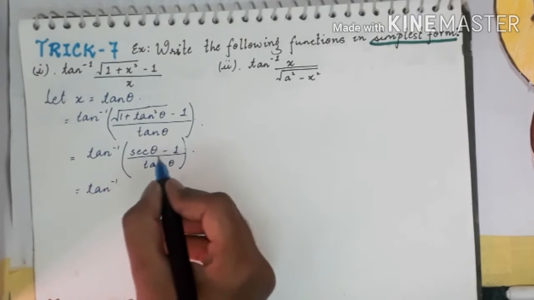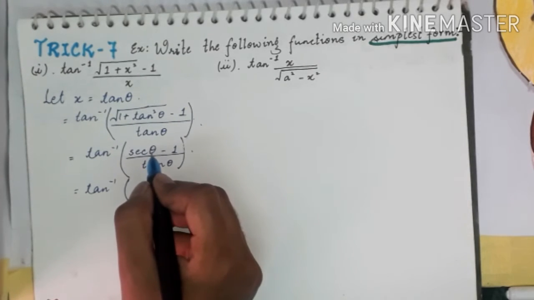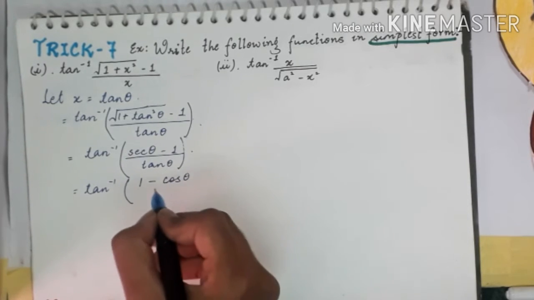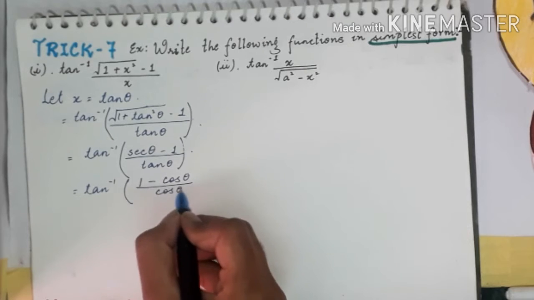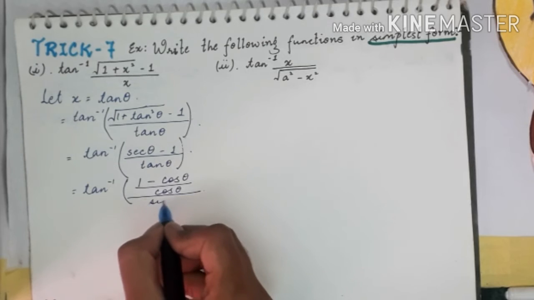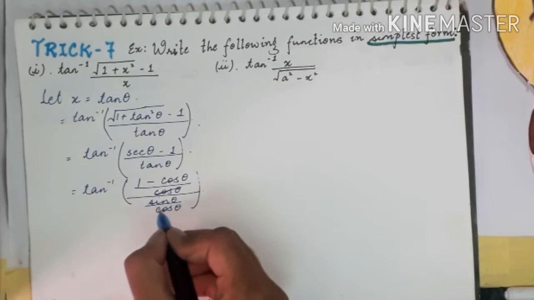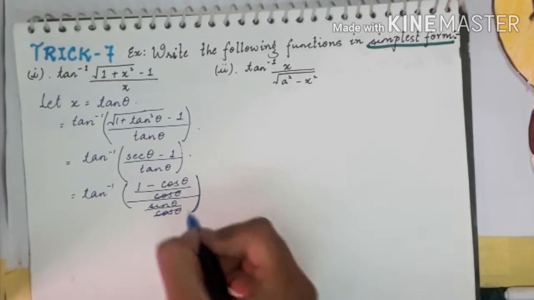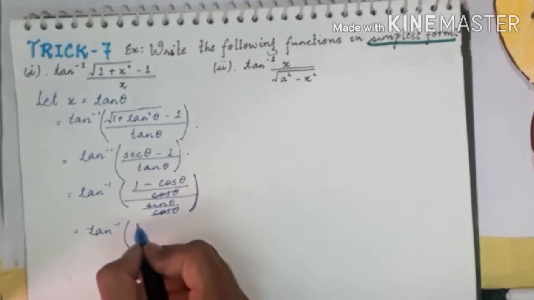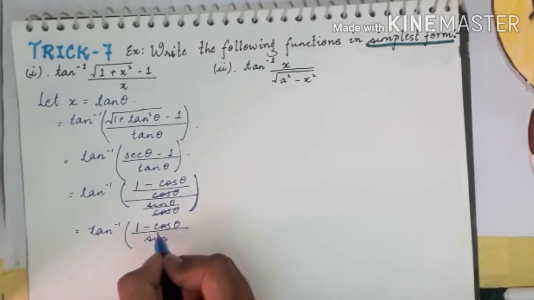Just express these trigonometric functions in terms of sine and cos. Sec theta you can write as 1 upon cos theta. So it will become 1 minus cos theta upon cos theta. When you solve it, do it in your rough copy. In place of tan theta, we can write sine theta upon cos theta. See, tan inverse 1 minus cos theta upon sin theta.